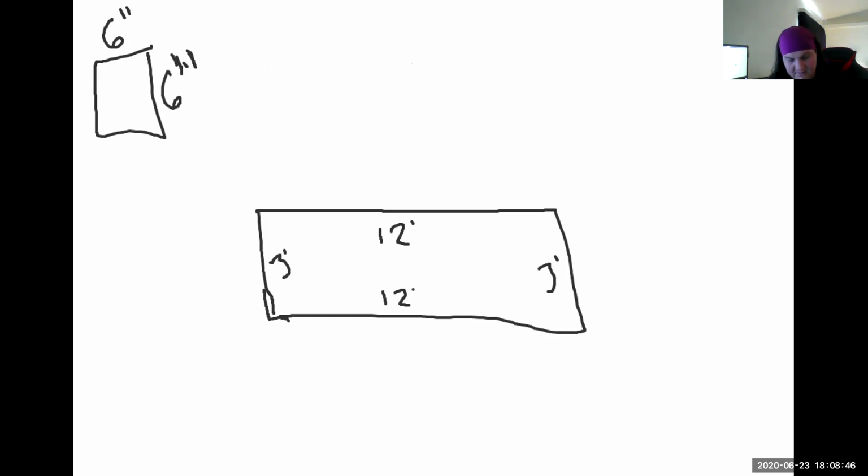We need to double this number, 12, because for every foot here, we need 2 of these. So we need 12 feet times 2, because 2 of these make a foot.